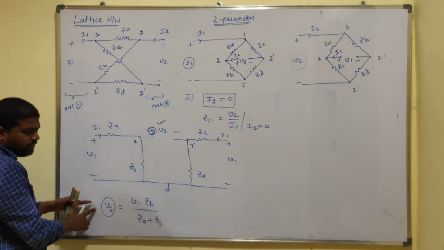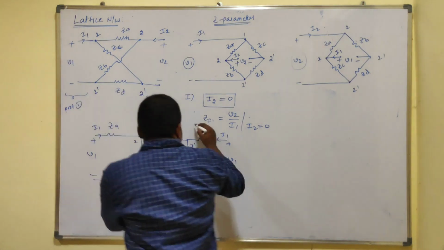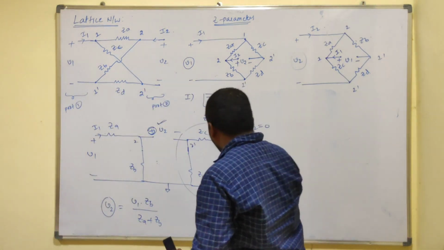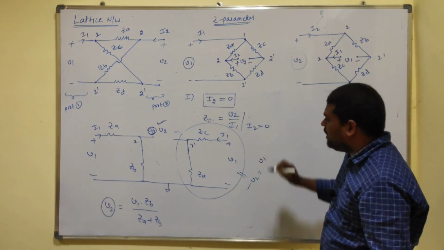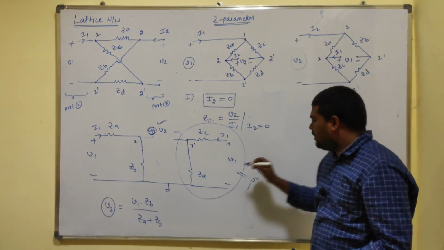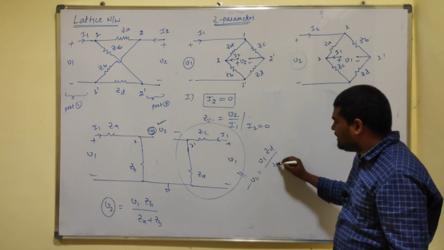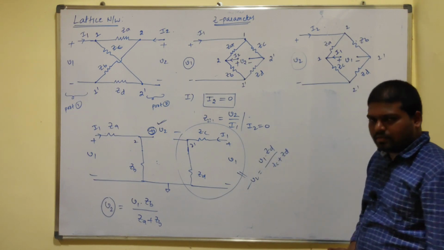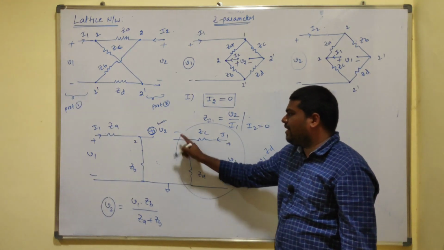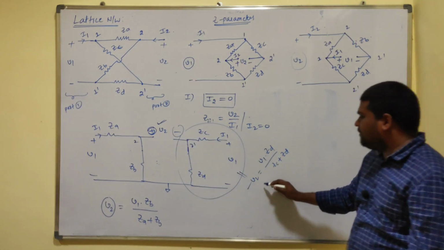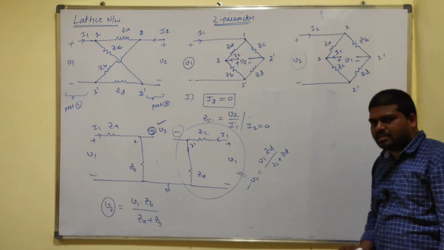In case minus V2 is there, for this network, minus V2 equals V1 into ZD by ZC plus ZD. This is the formula for this part. Here we have a negative sign, so minus V2 equals V1 into ZD by ZC plus ZD.